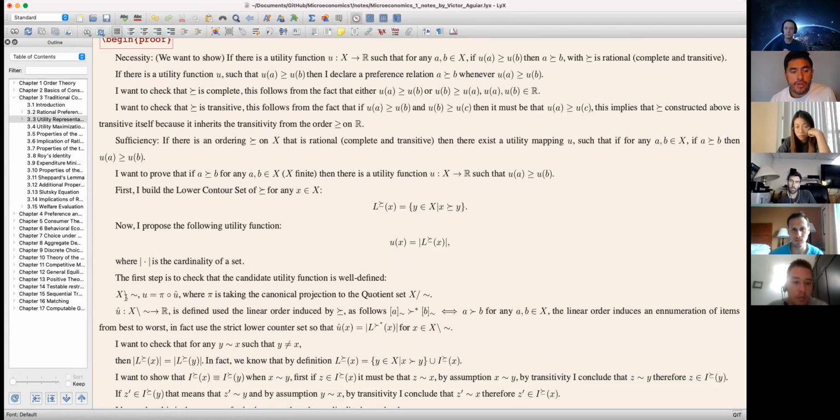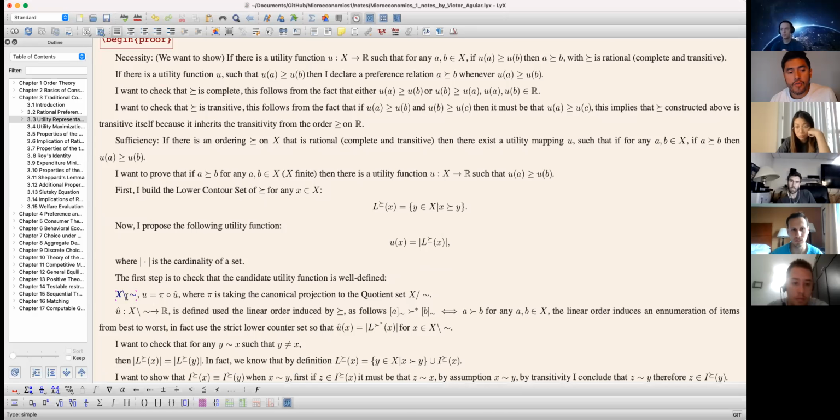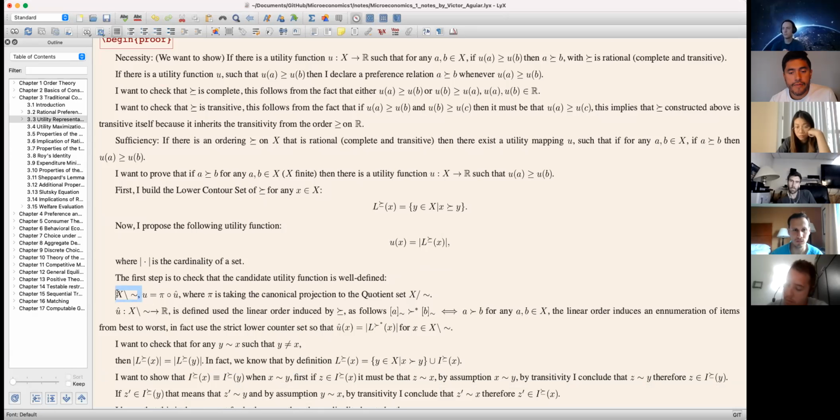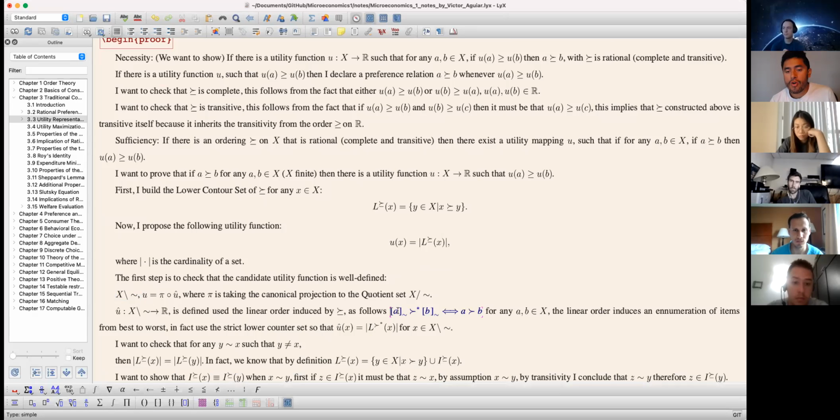So what I'm going to do is I'm going to take the choice set and I'm going to create something called the quotient set. The quotient set is basically the collection of all the representatives of each equivalence class. So a lot of words, right? But what I'm telling you is something very simple. Take an indifference curve, and shrink it to the representative element.